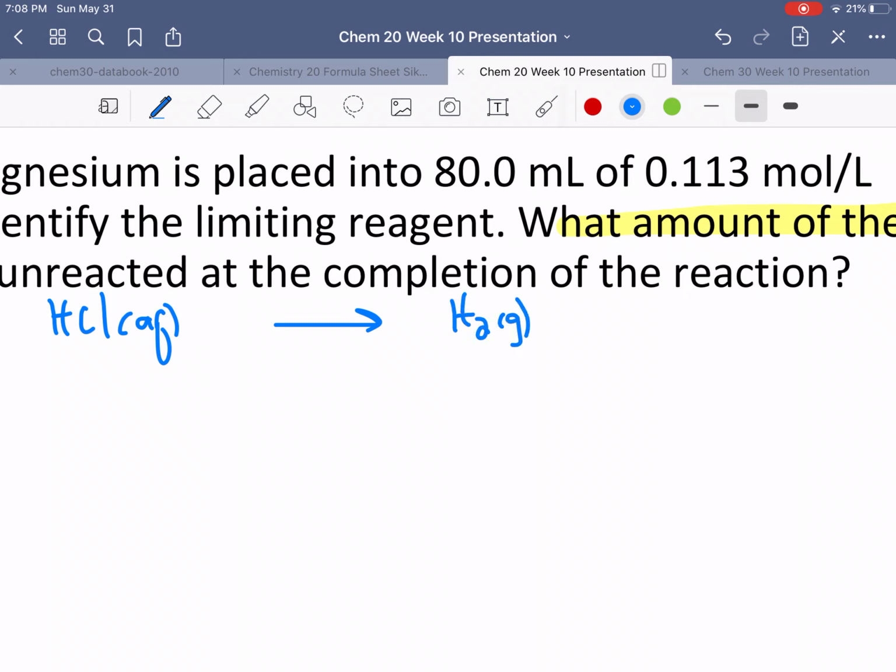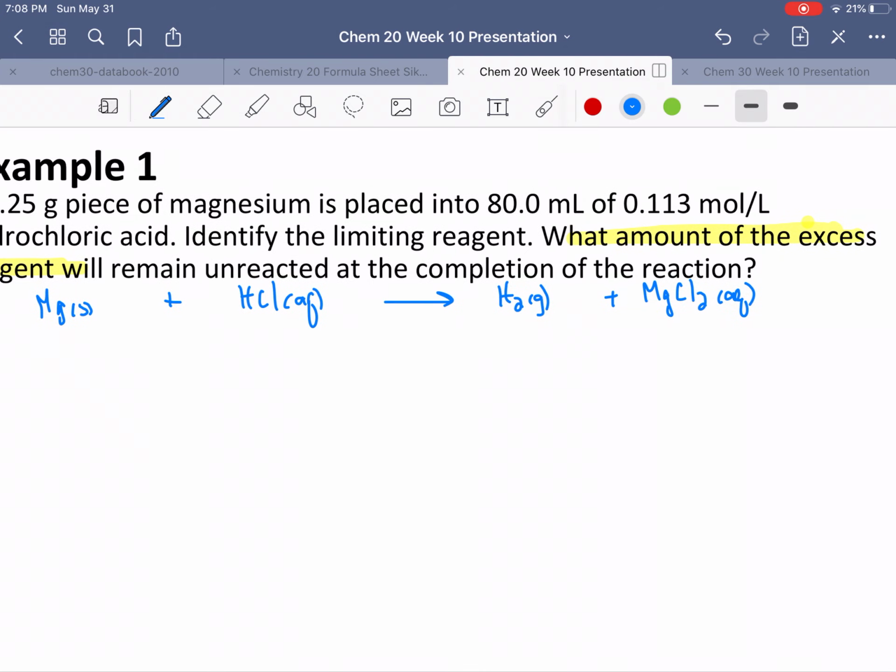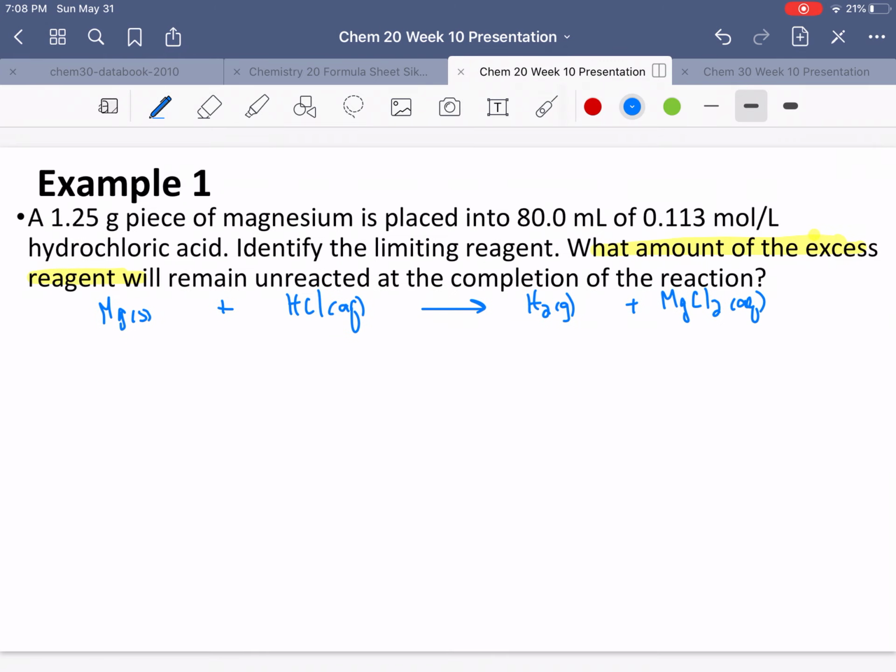The hydrogen comes out, becomes H2, it's diatomic. Magnesium goes in. We now have magnesium chloride produced, and it'll be aqueous. Why? Because I checked the solubility table, and it is. Balance this thing. There will be a 2 in front of the HCl. Okay, that's step 1, guys. That's all we've done so far.